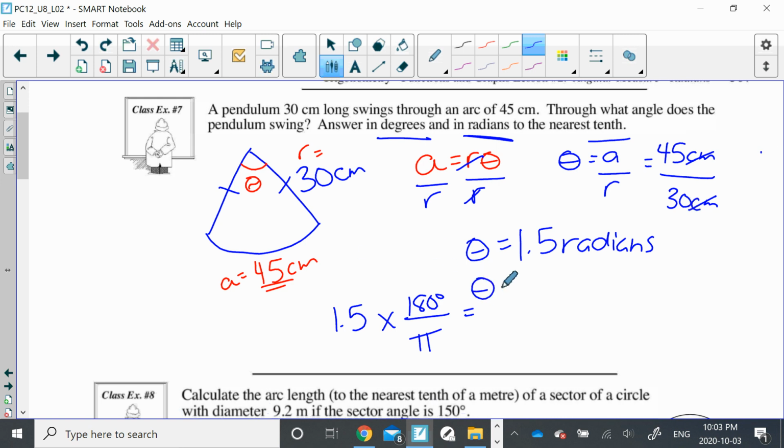So theta is also equal to 85.9 degrees. This question in particular wanted the answer in radians and in degrees.